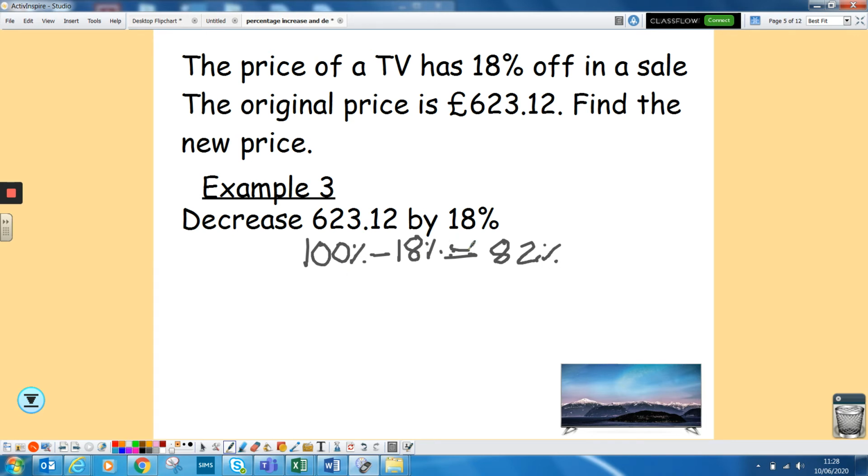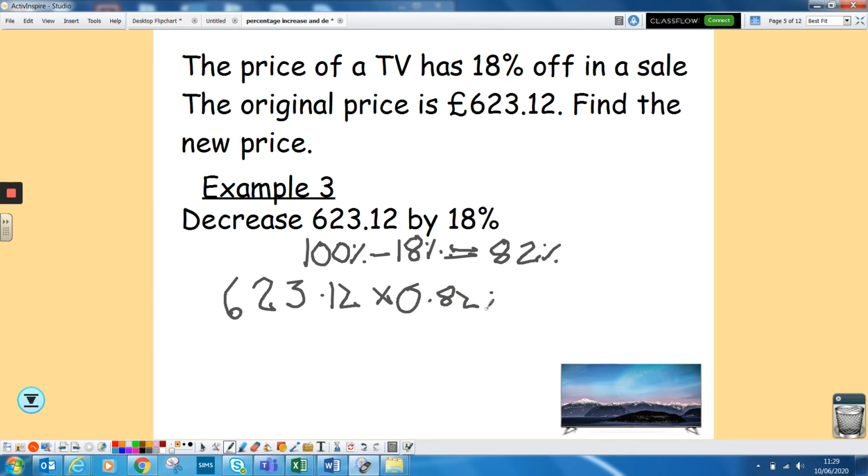Remember, this is a multiply, so we always multiply. A lot of people think, oh, we're decreasing, so we divide. We don't. It's multiply. So then we get our value, 623.12 multiplied by 82% as a decimal. Remember, you can divide by 100 if you're not sure. That would give you 0.82.